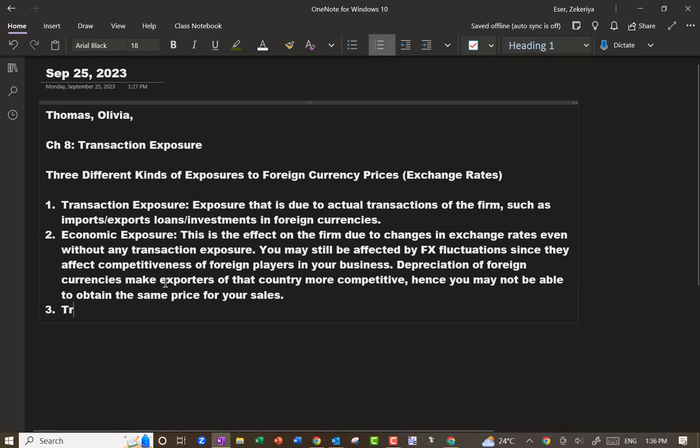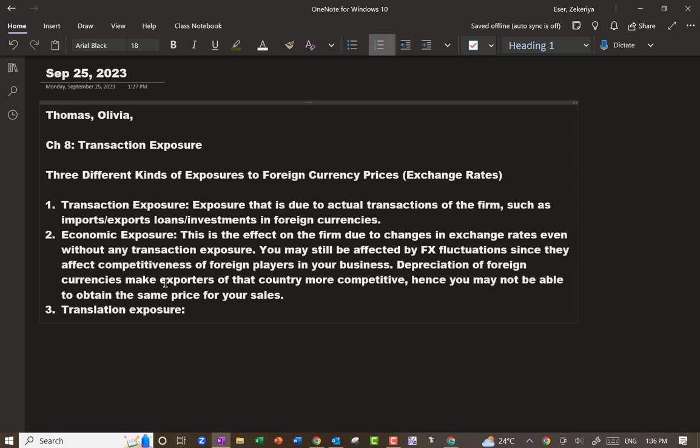And the third one is called translation exposure. The first two are real risks. Obviously transaction exposure is a real risk until you get those currencies or you pay those currencies. If you're obligated, what happens to the exchange rate does affect your bottom line.